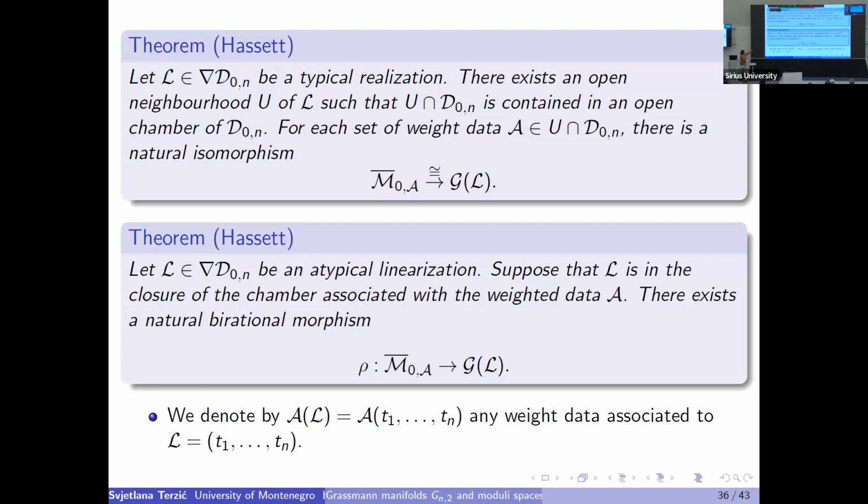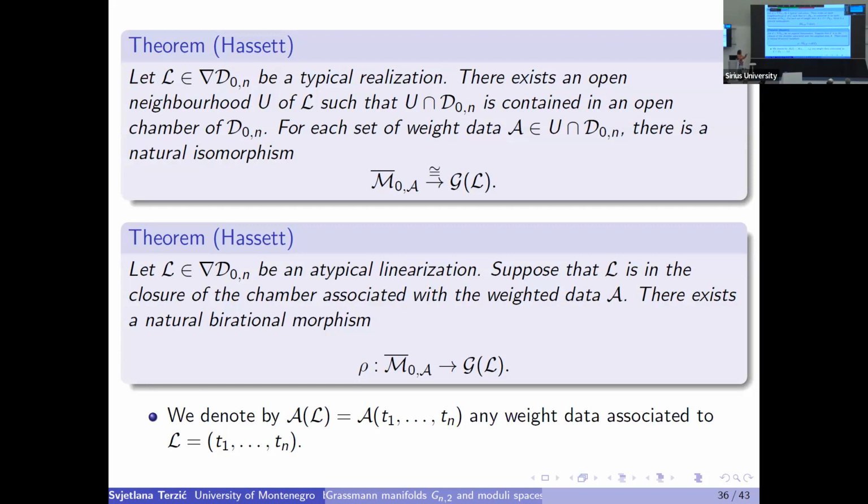But that holds for a typical linearization. When the linearization is not typical, he also proved that there exists such a neighborhood, but there is no isomorphism. There is a birational morphism between these objects.